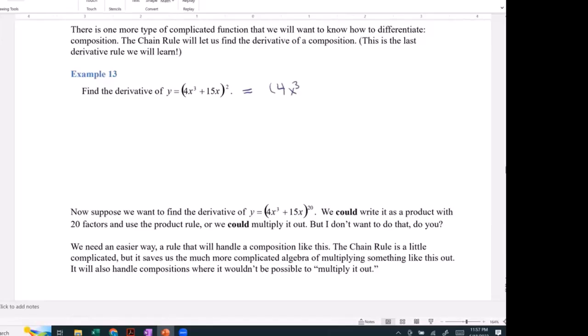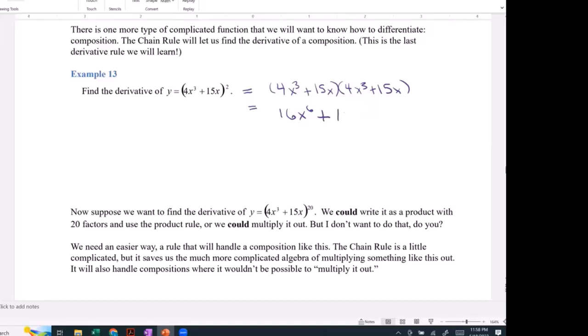So we could always just multiply these together. 4x cubed plus 15x times 4x cubed plus 15x, which is equal to 16x to the 6th. First times first, outer times outer. Plus inner times inner are the same, so 15 times 4 is 60, and we have 2 of those.